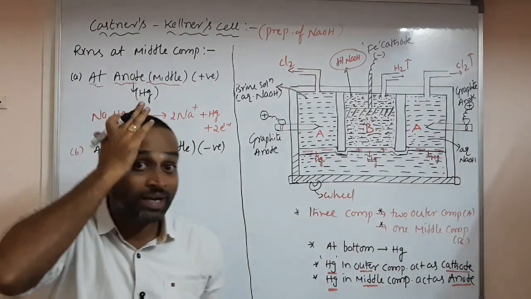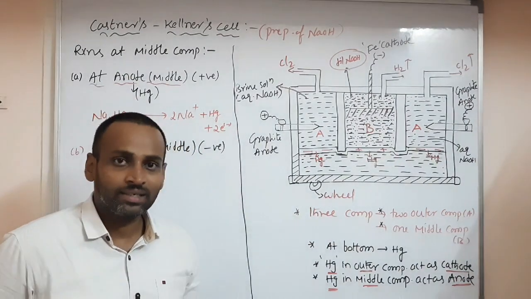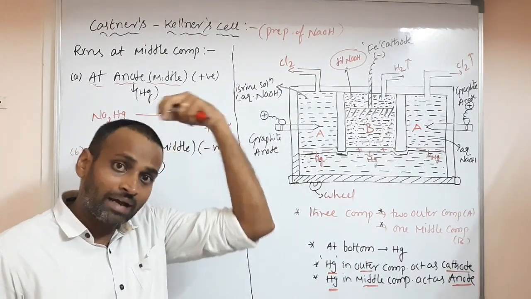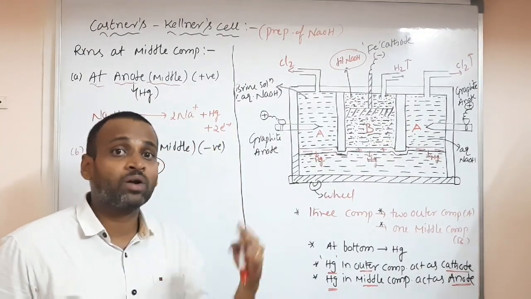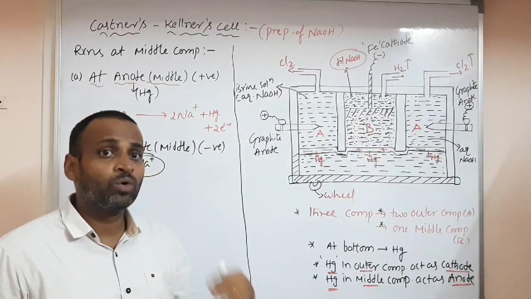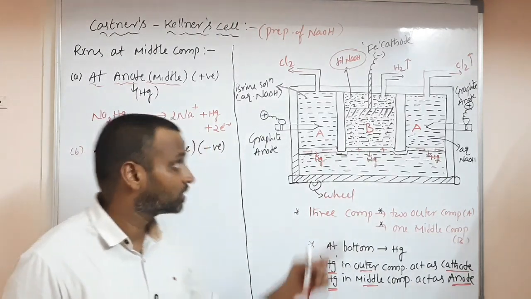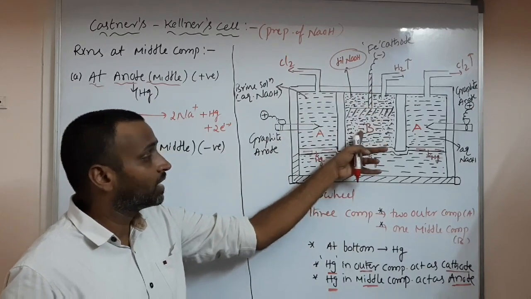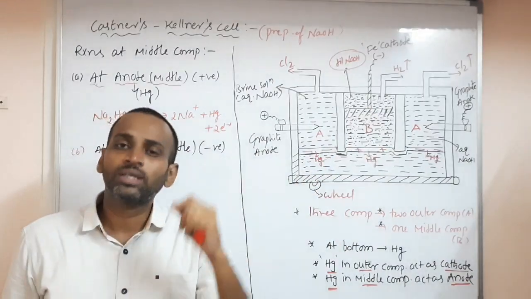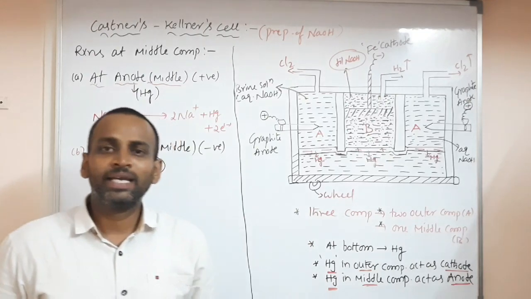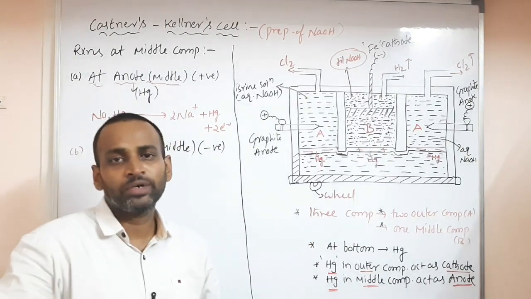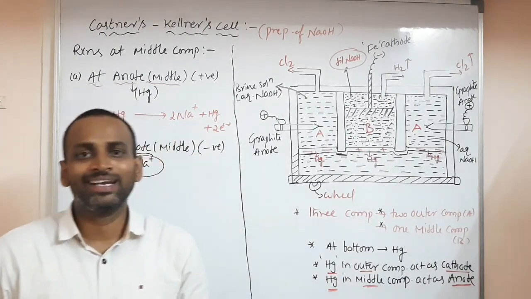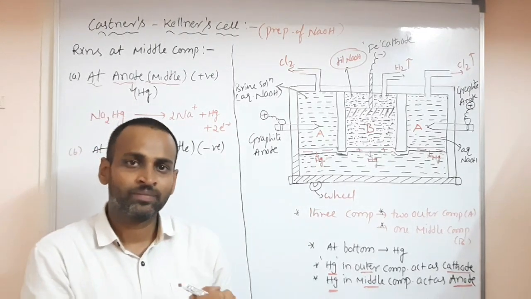As I said, the SRP value concept in Nelson cell. Do you remember? Whichever has less SRP cannot undergo reduction, whichever has more SRP will undergo reduction. So here what have we taken? Dilute NaOH, so what is there in the middle compartment? Water is present. In the middle compartment, we took dilute NaOH. That means in dilute NaOH, water is there.